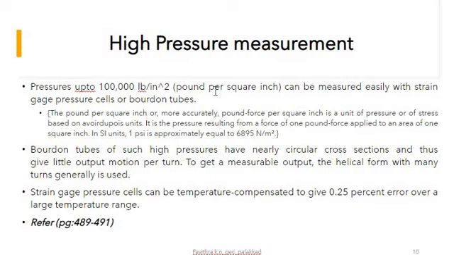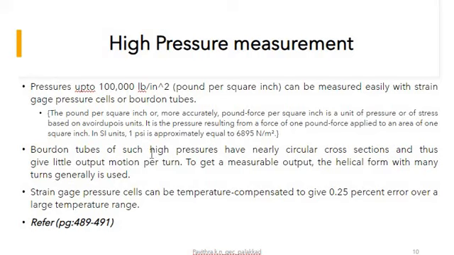Now Bourdon tubes. Bourdon tubes for such high pressures have nearly circular cross sections, and thus they give little output motion per turn. That is, in the Bourdon tube, input is pressure and output is change in displacement, change in length. So the output elongation or displacement is proportional to input pressure. That is the functioning of the Bourdon tube.